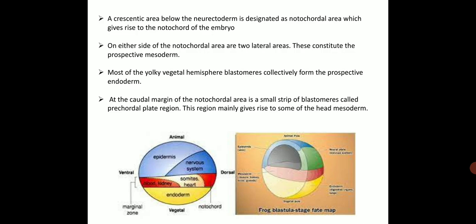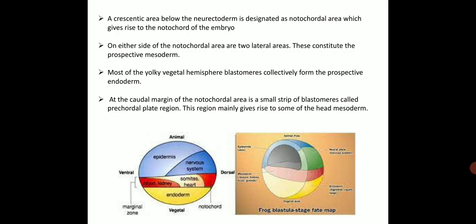Most of the yolky vegetal hemisphere blastomeres collectively form the prospective endoderm. At the caudal margin of the notochordal area is a small strip of blastomeres called the precaudal plate region. This region mainly gives rise to some of the head mesoderm. So this is exactly the typical chordate fate map at the blastula stage.